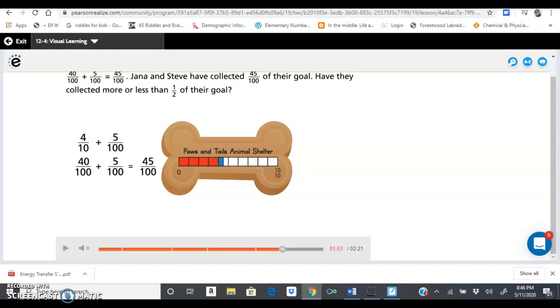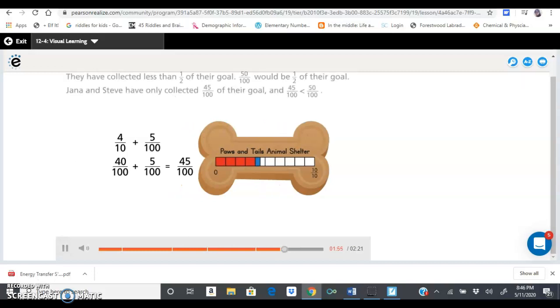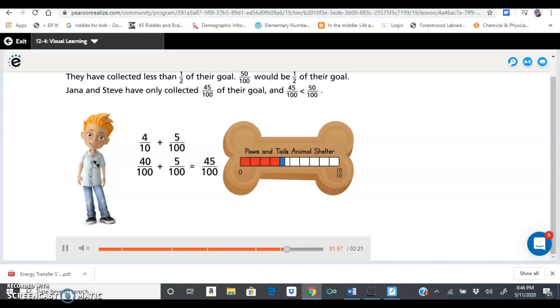Well, what I think is I say, well, what is half of 100? Half of 100 is 50, so 50 hundredths would be half. So did they collect more or less than 50 hundredths? 45 is less than 50, so they collected less than half of their goal. They have collected less than 1/2 of it.